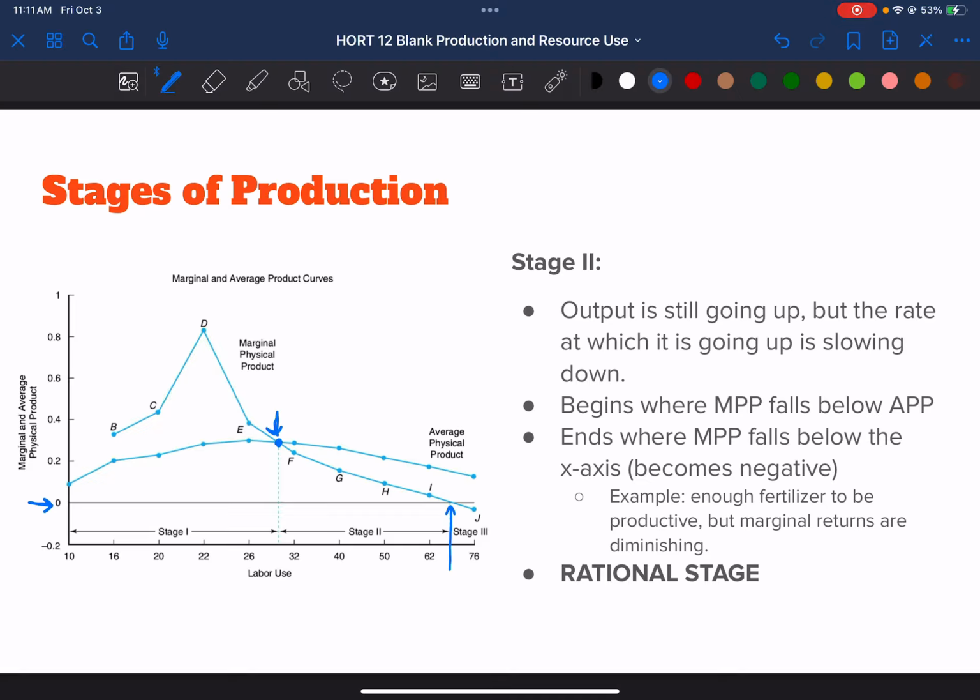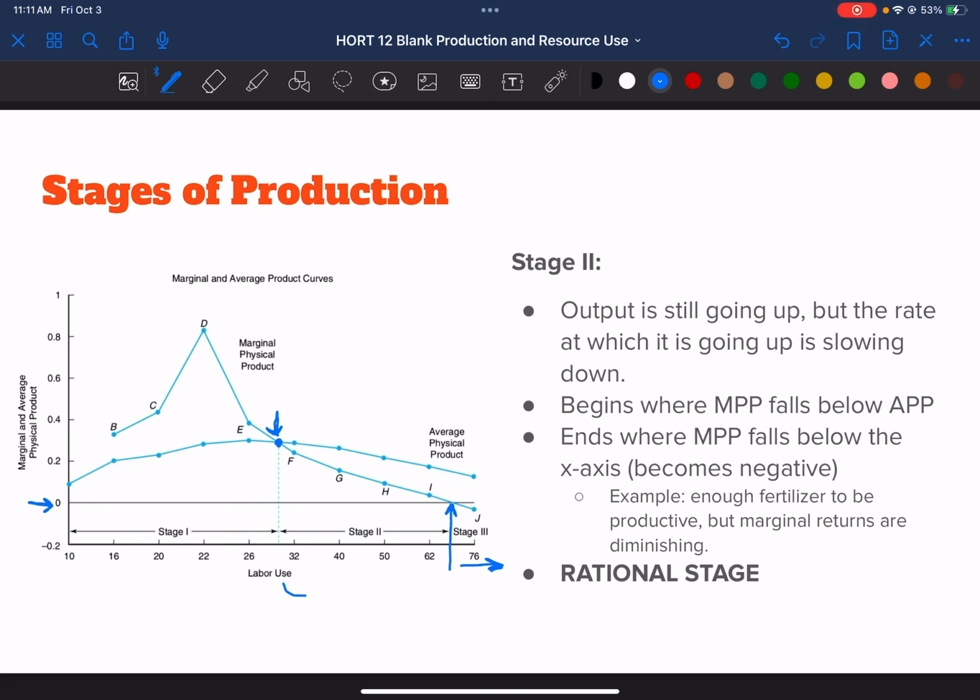Once MPP goes below 0, or once it hits 0, rather, it means that you are not getting more output as you continue adding more input. So it's not really worth it to function on this side in stage 3, which comes next.